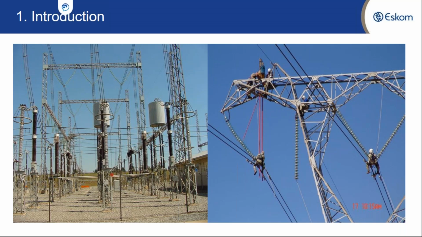This picture is from Eskom. It's showing one of many substations on the left. Then on the right, we can see a field crew doing maintenance on an overhead line. The practical examples that I'll be showing you in the presentation are from the T&D side of the Eskom business, meaning transmission and distribution, because I'm working for the T&D business.